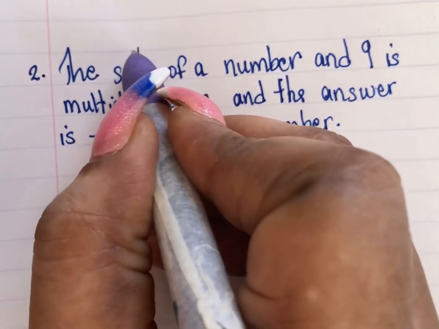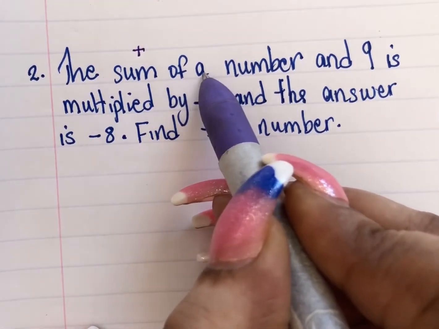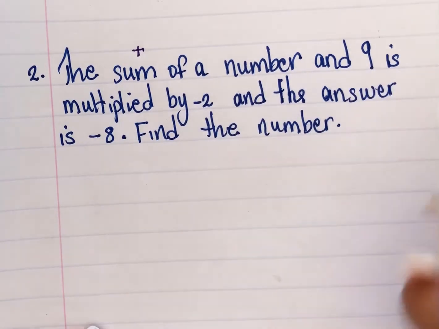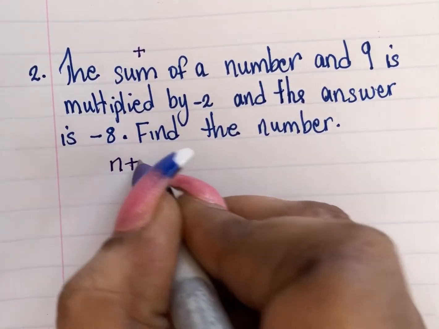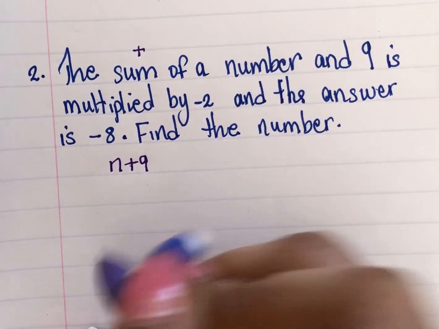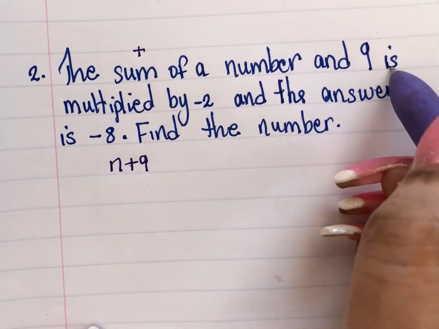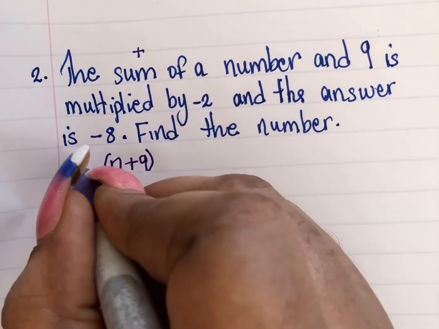Sum means to add. We need to find the sum of a number and 9. This is my number and this is my 9. That's the sum of the 2 of them. The question asks me to multiply it by -2.